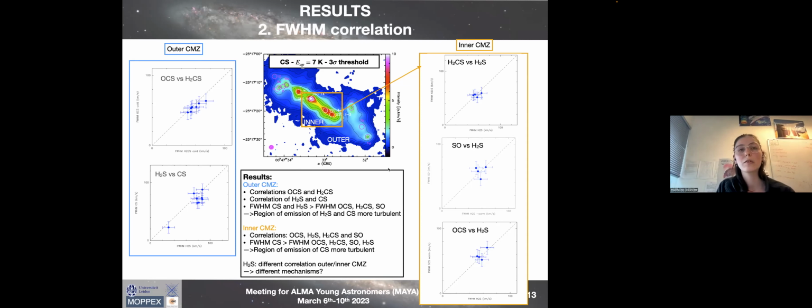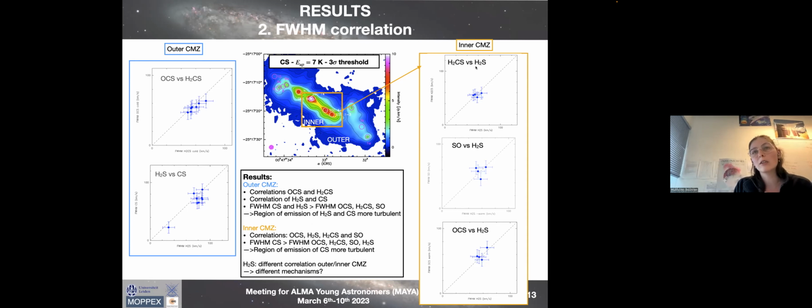So the main result of this part of the analysis was that depending on whether we are in the outer part of the CMZ or in the inner part, we have different correlations between the species. In all the CMZ, CS always has the broadest line width. So it could be that CS is arising from more turbulent regions than the other species.